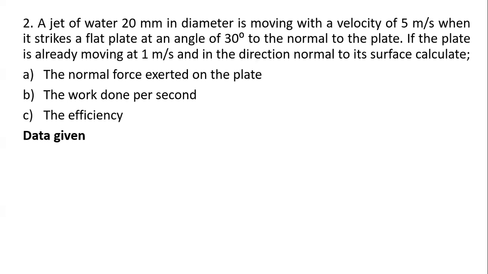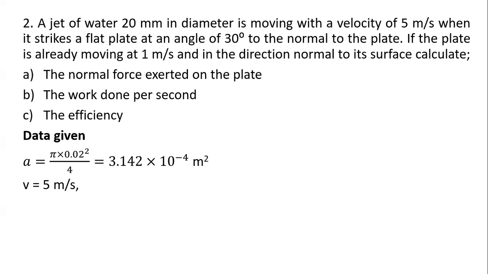What information do we have? The area, pi d squared over 4 is the same formula we're using. So pi times 0.02 squared, then divide by 4. You get 3.142 by 10 raised to the negative 4. Velocity v, this is the velocity of the jet.